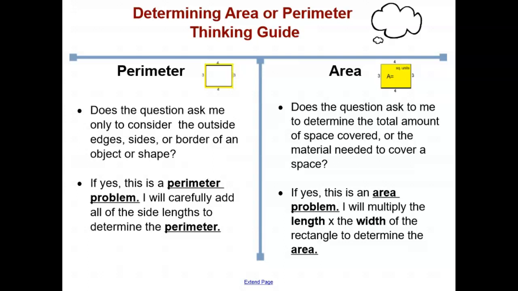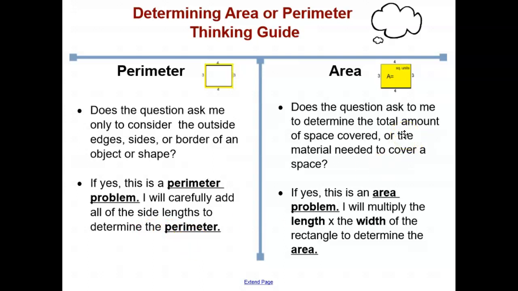So you ask yourself first, well, is this a perimeter problem? Does this question ask me only to consider the outside edges, sides, or border of an object or shape? If the question's only asking you to consider the outside edges, then it's a perimeter problem. And so you know to solve perimeter problems, you carefully add the side lengths.